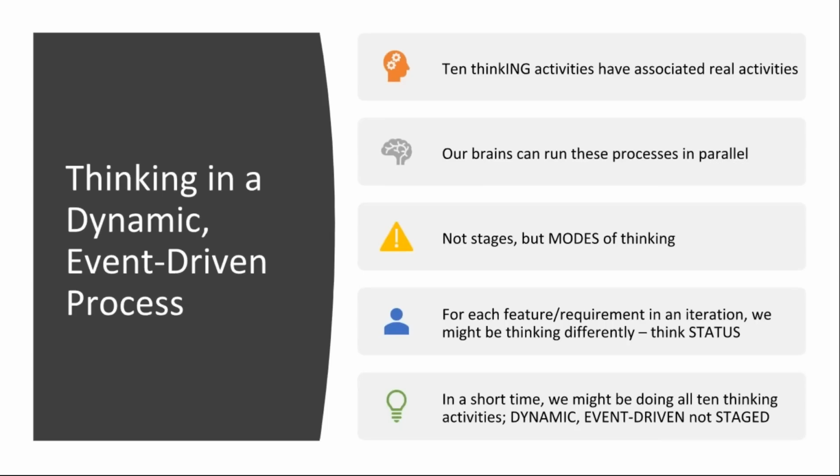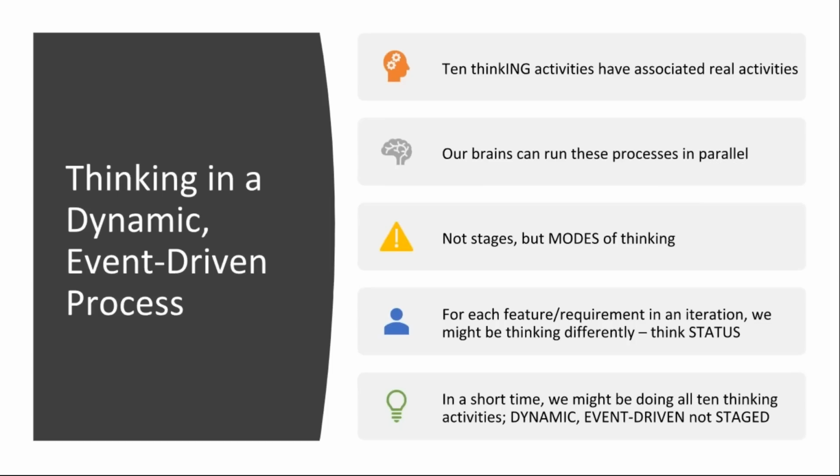You have to make a judgment of where am I thinking right now for each of the features requirements that we're working on. And so I want to suggest actually the way we think about the status of features, coming through as say a user story perhaps, is what we are thinking about with respect to that feature is its status. Now I know that the status might be, well, it's the developer's coding.